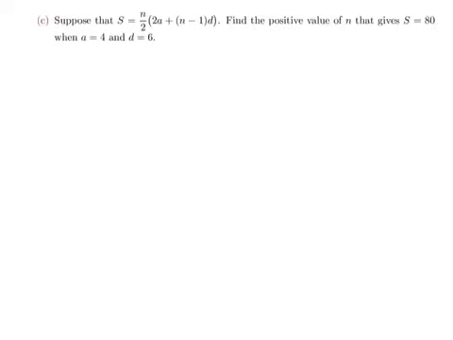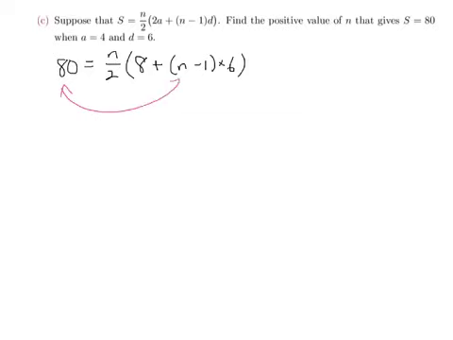So we get 80 equals n over 2, we don't know what n is yet, times 2a, 2 times 4 is 8, plus n minus 1 times 6. First things first, we're actually going to rearrange this so it's round the other way.